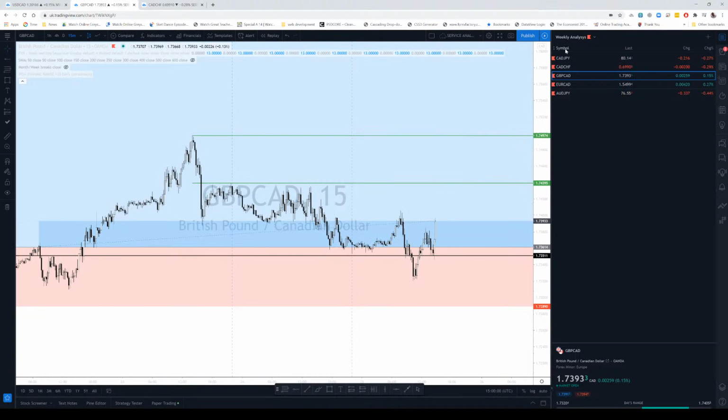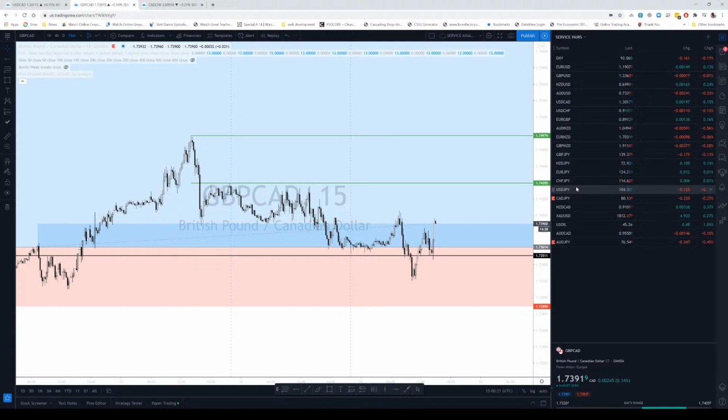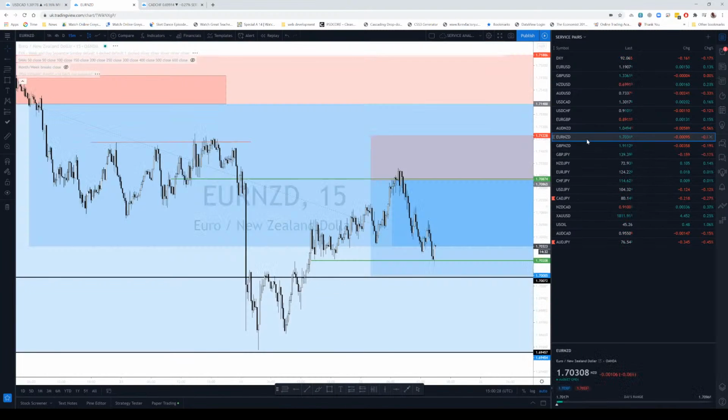Right, I'll show you another trade similar to that one on Euro New Zealand.